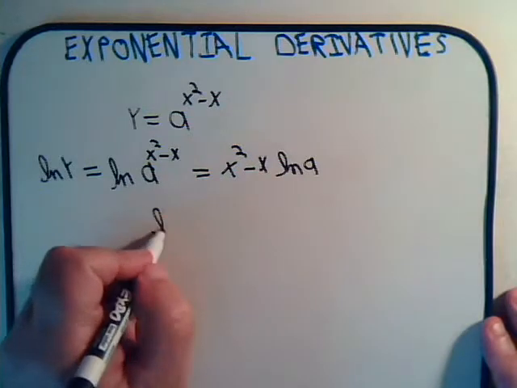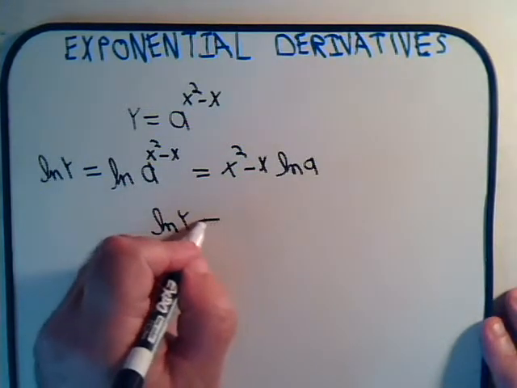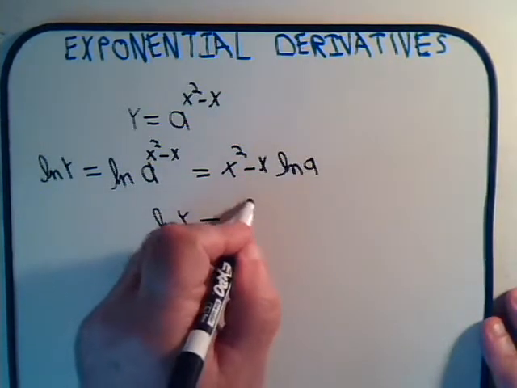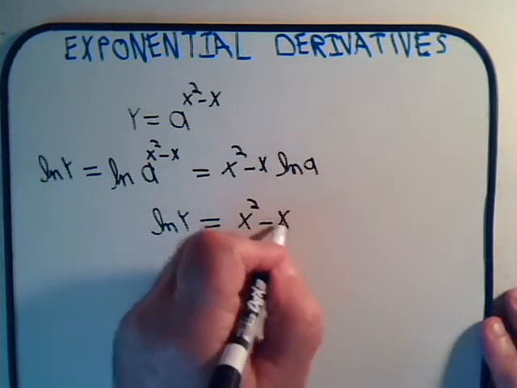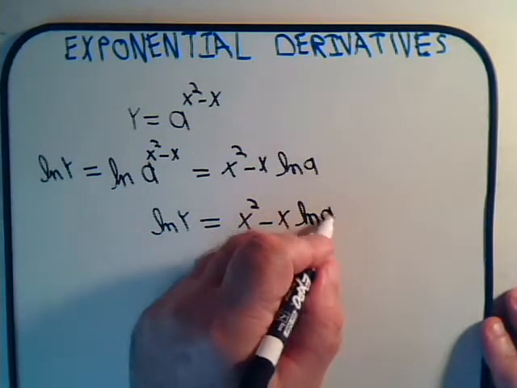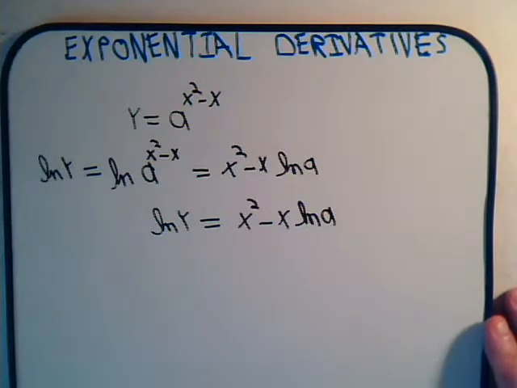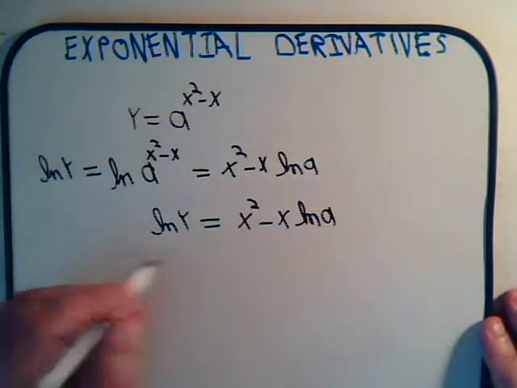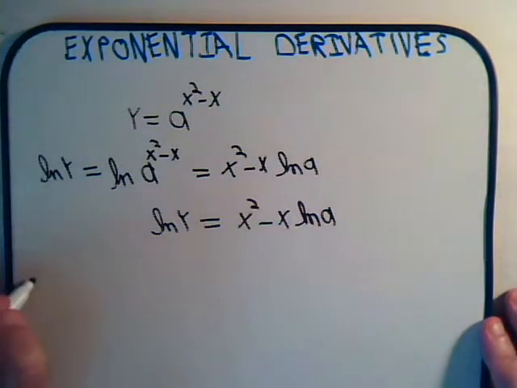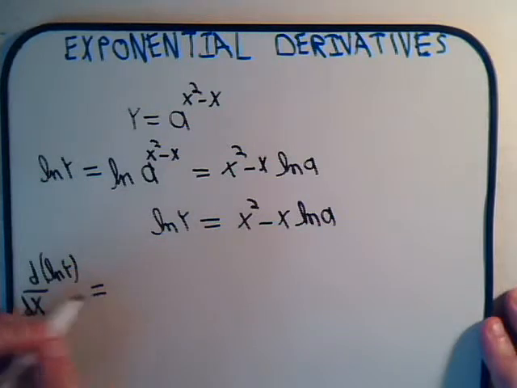So the natural log of y equals x squared minus x times the natural log of a. So let's go ahead and take derivatives of both sides of this equation with respect to x. So we're going to have the derivative of the natural log of y with respect to x. And we know what this is.